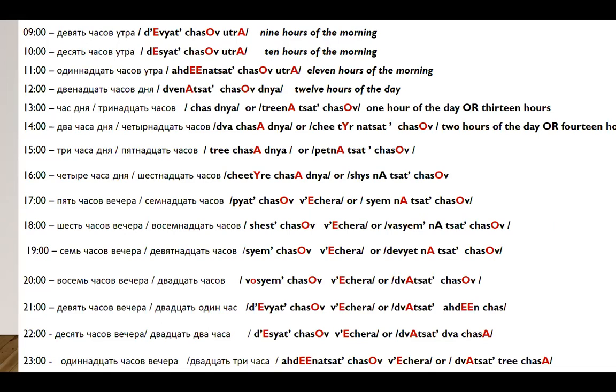And starting from 1 p.m. until midnight, or starting from 13 hours until midnight, we can use two forms. This number can be said either as час дня, 1 o'clock, or we can say 13 часов, 13 hours.